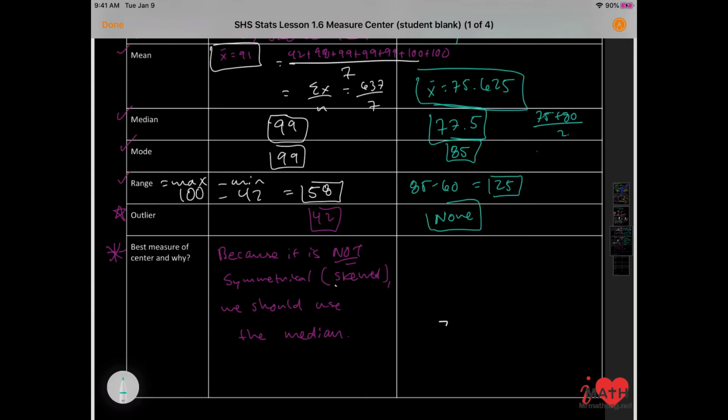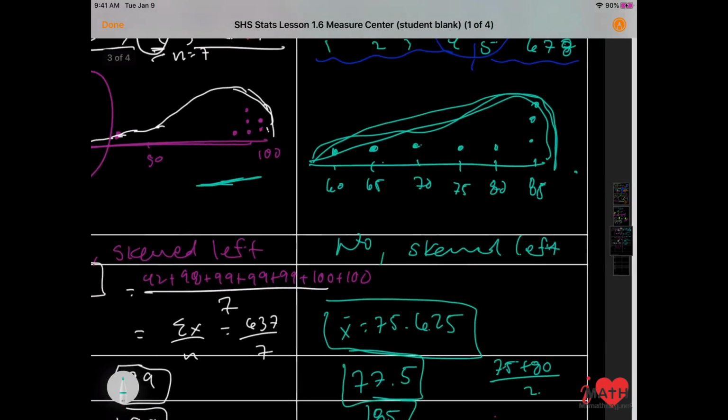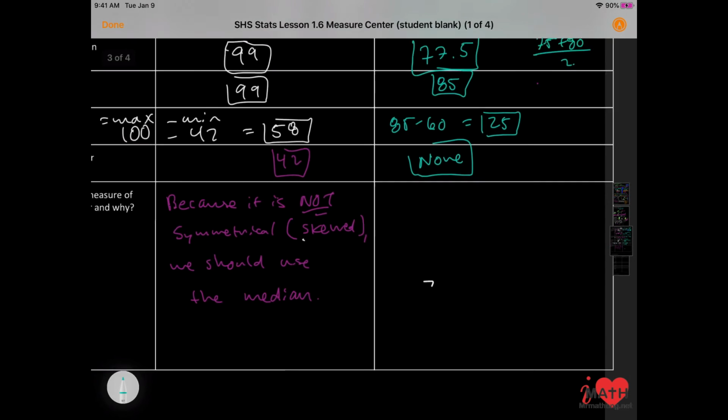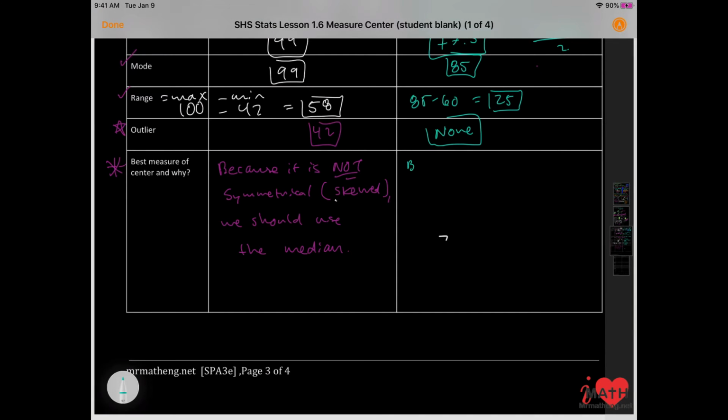So what is the best measure of center for this problem? Because it is not symmetrical, rather it is skewed, we should use the median.